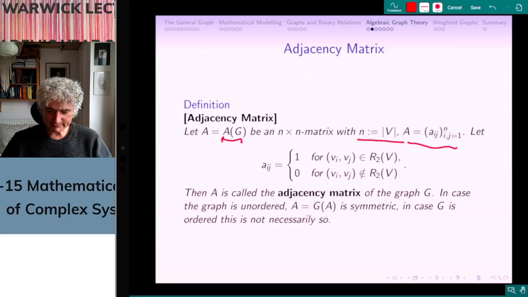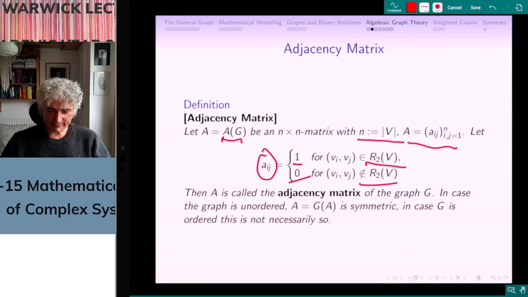defined as follows. It will be a matrix where each entry Aij only is either a 0 or a 1, and Aij will have the value 1 if the tuple (Vi, Vj), where Vi and Vj are two chosen vertices in the vertex set V, is a binary relation, so if that exists, and it will be 0 if it doesn't exist.